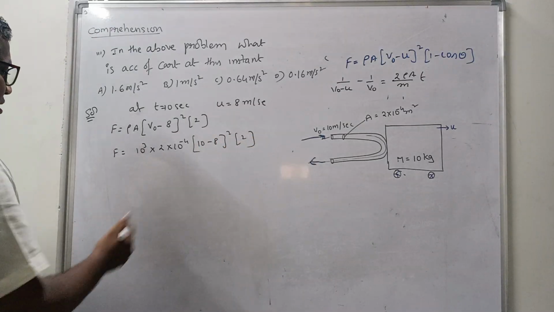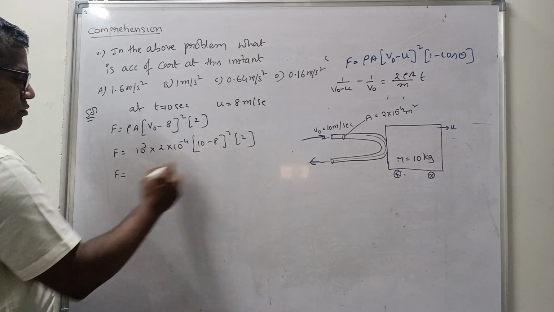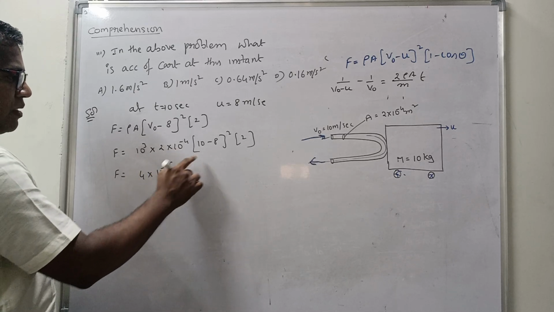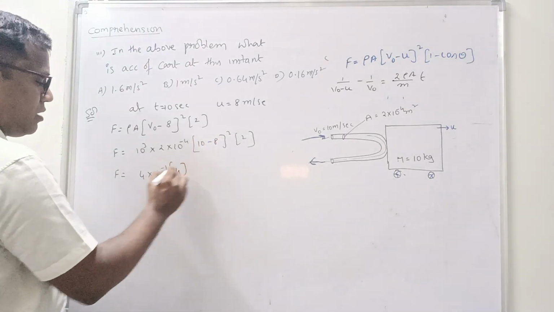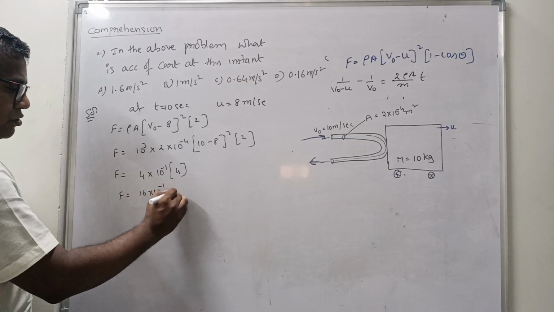Here 2 and 2 give 4, 10 power 3 and 10 power minus 4 give 10 power minus 1, and 10 minus 8 is 2, square is 4. So F is equal to 16 into 10 power minus 1 Newton.